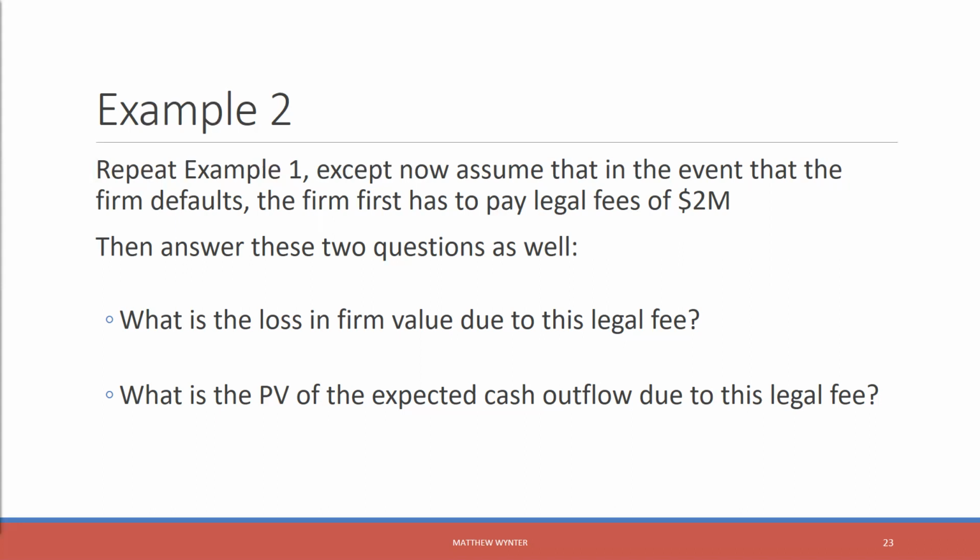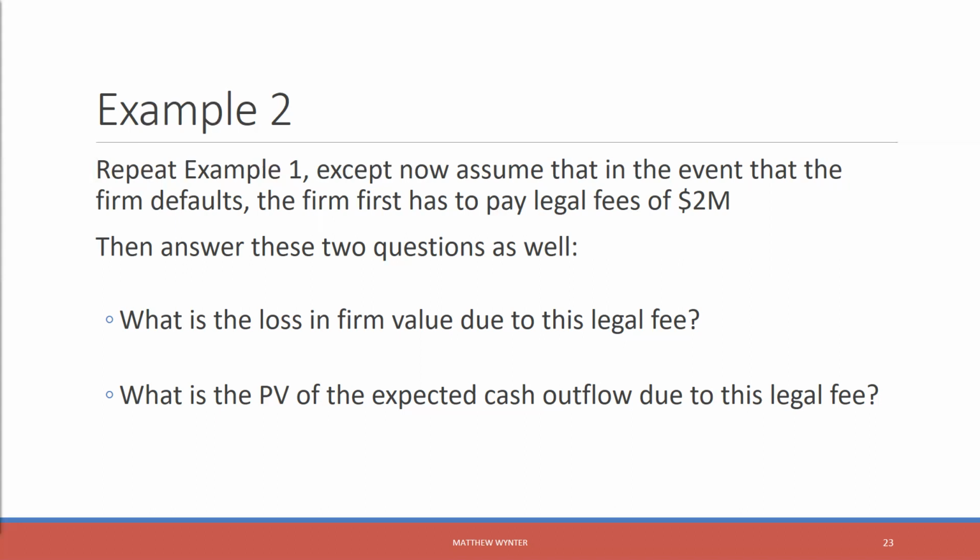First, you'll see how because the firm is going to face this legal fee, the expected cash flow that I'm going to get in the bad state of the world is going to be lower. So I have to offer an even higher promised cash flow. So you'll observe that the promised cash flow in example 2 is actually going to be higher than the promised cash flow in example 1. And the difference is actually going to be those legal fees.